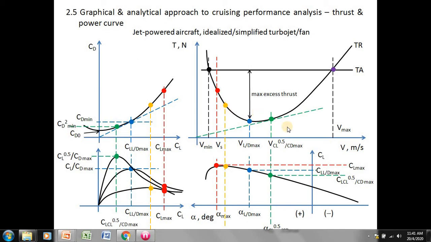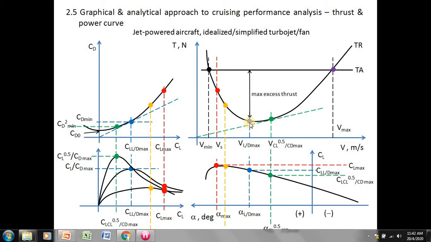So let me explain to you. The blue dot here is the velocity at minimum drag. So if you want to fly at the minimum thrust required, fly here.